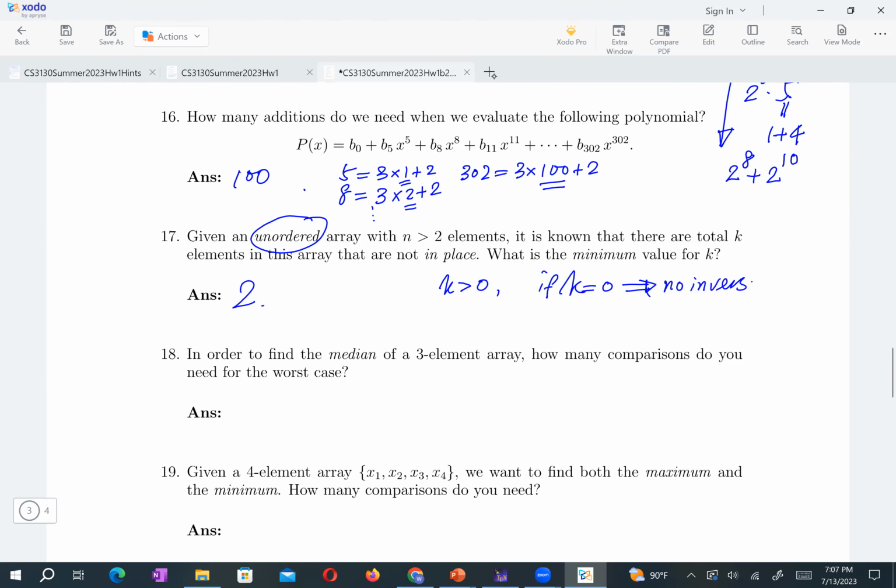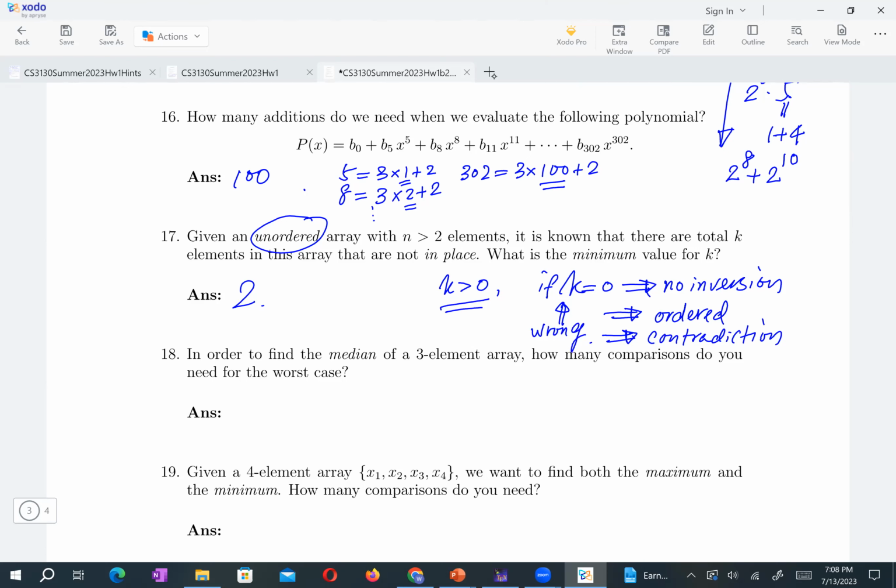No inversion means the array is ordered. That is a contradiction, because we're given an unordered array. You get a contradiction, that means this condition is wrong. So K must be greater than 0.